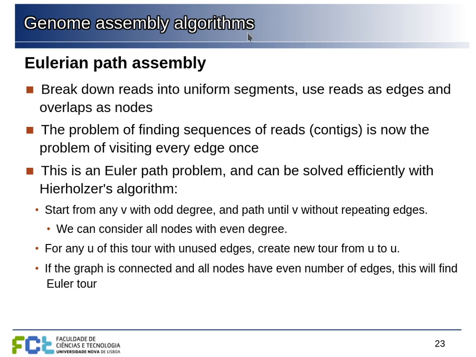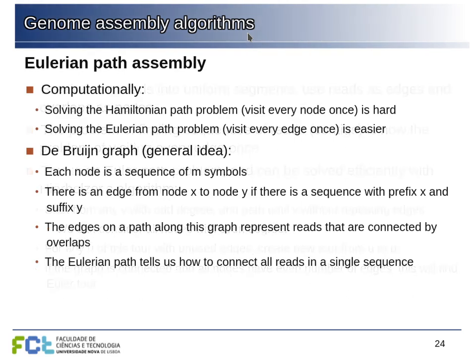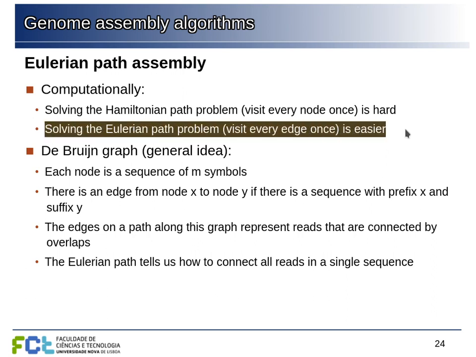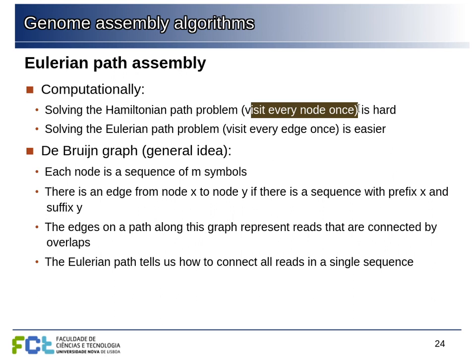Basically, the idea is that finding a path through all the nodes is different. Finding the path through all the nodes exactly once is difficult, but finding the path through all the edges exactly once is much easier. And this leads us to this Eulerian path assembly, which tries to solve the problem of assembling the genome by following through all the edges, visiting all the edges once, instead of visiting all the nodes once.